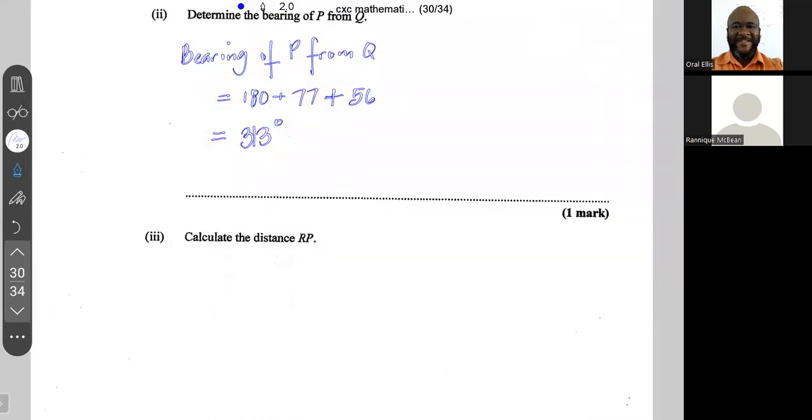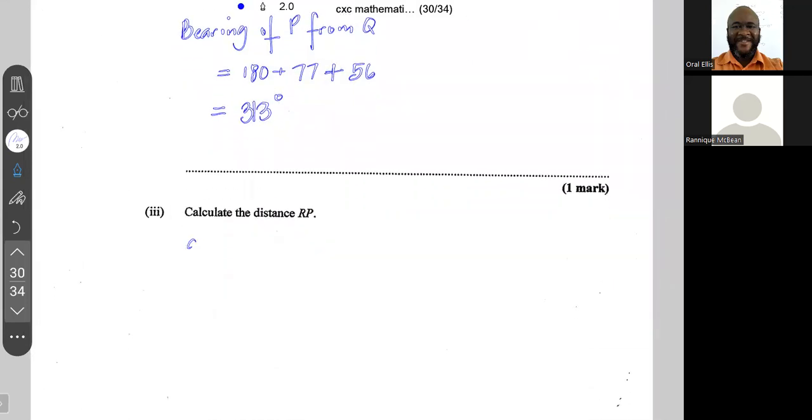Now, the cosine rule is a squared is equal to b squared plus c squared minus 2bc cosine A. That's the cosine rule. A is the side opposite the included angle, which is the 56 degrees, and the side opposite to the 56 degrees is x.